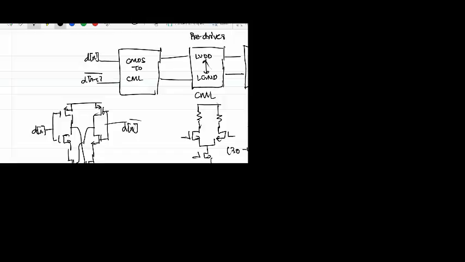In this particular case, let me call this node VON, and this node VOP, right? So in this particular transition, let's say your DN equals 1 and DN bar equals 0. So in this case, your VON equals 0 and VOP equals 1.